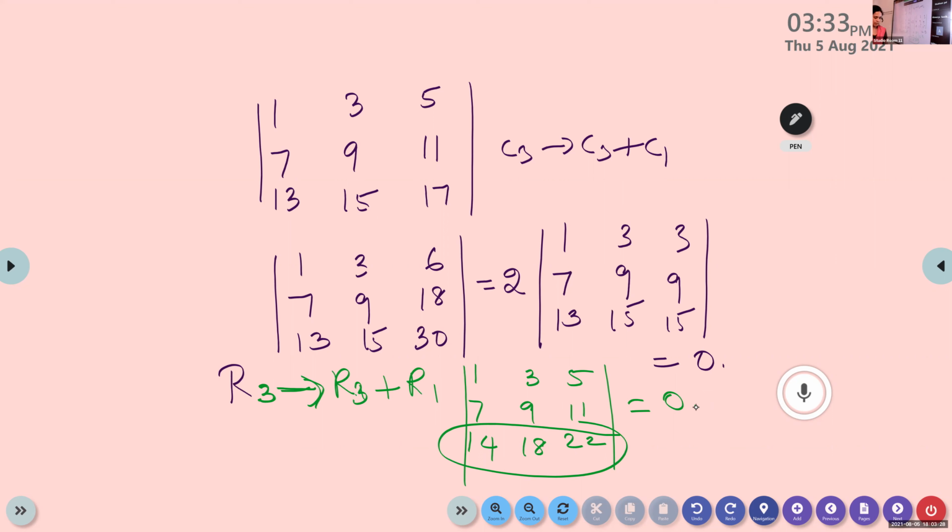Yes, Karthik, give the third one. I think she's not able to complete that one. Adding to each element of ith row k times the corresponding element of jth row. Okay.